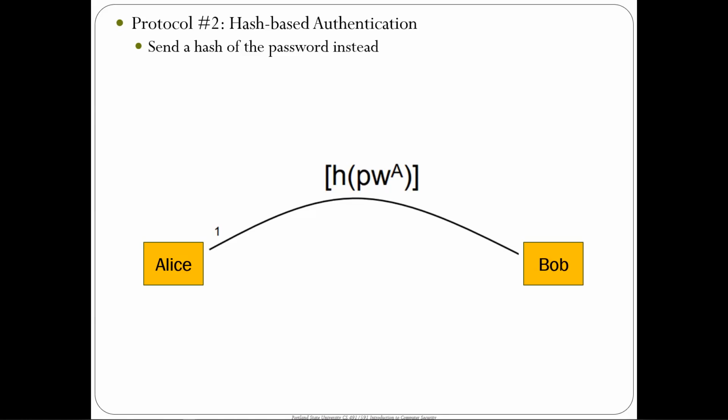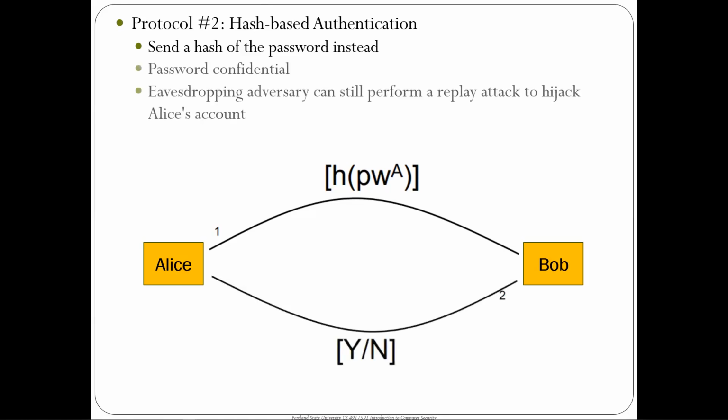Now, the problem with this is that even though the password is confidential, an adversary can just eavesdrop on this session, pull out this hash, and then replay this thing in order to hijack Alice's account. So there is no protection against account hijacking in this case.